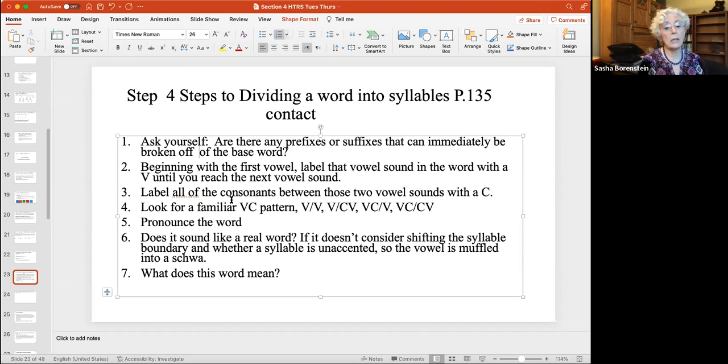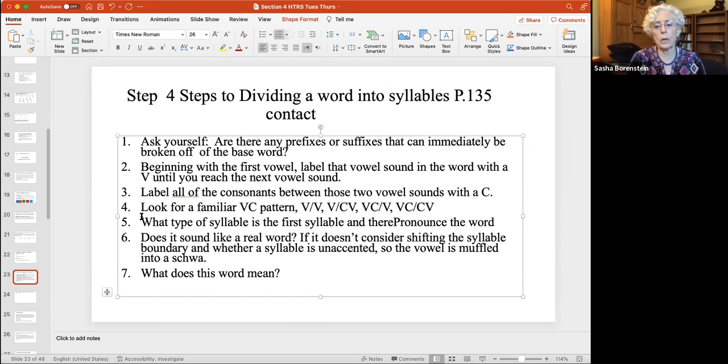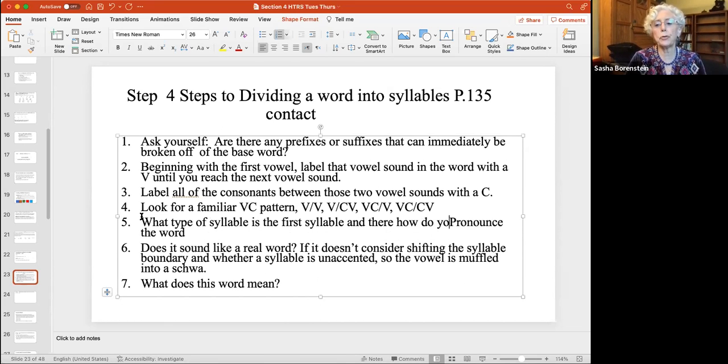And you have to decide, is the first syllable, what kind of syllable is it? Is it open or is it closed? And how does that affect the vowel sound? And then you can pronounce the word. So maybe I should say, what type of syllable is the first syllable? And therefore, how do you pronounce the syllable?